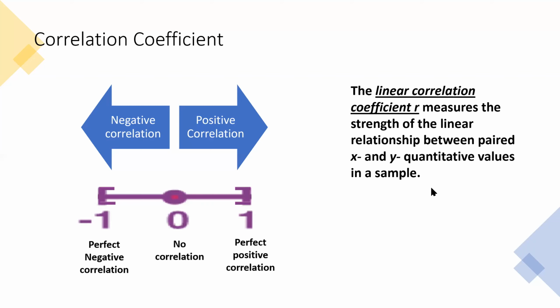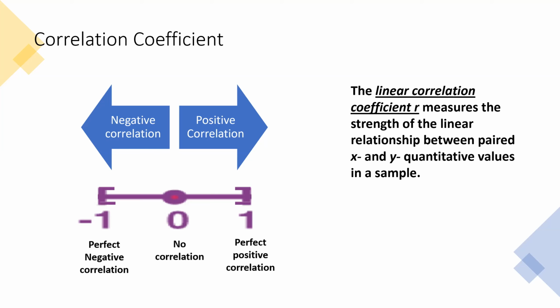To further explain the positive and negative correlation, I'm going to give you these examples. For positive correlation, if a person can do a lot of push-ups, we expect him or her to also do a lot of pull-ups. This is a positive association or positive correlation.